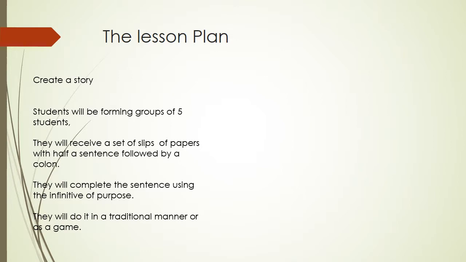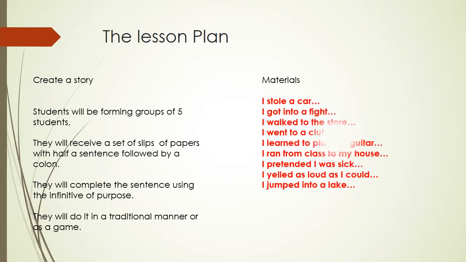So first of all, I'm going to show you the different slips of paper that they will have. Here they are. Okay. So for example, all of those sentences are going to be put on different single slips of paper. For example, I stole a car, and then you can see it's followed by a colon. And what they have to do is complete this statement using the infinitive of purpose.